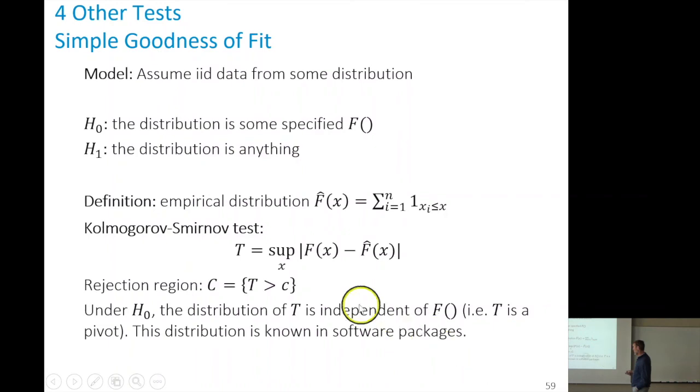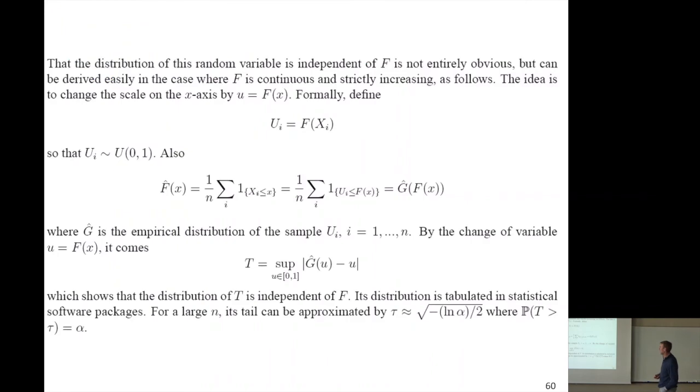Since the distribution is known, I can compute the p-value. I compute this, I look into the table of what is called the Kolmogorov-Smirnov distribution, and I will obtain the p-value here. Right. So this is the justification of why the distribution is always the same here, using the trick that if I apply F to a random variable X that has a distribution F, then the resulting U has a uniform distribution.